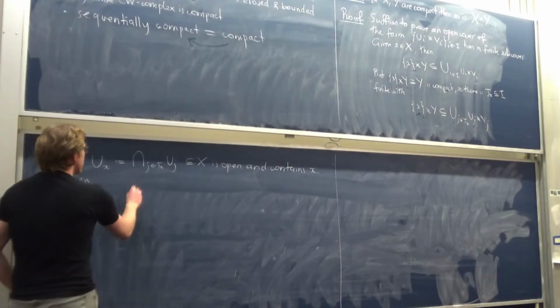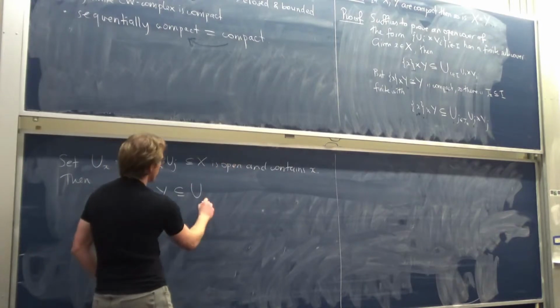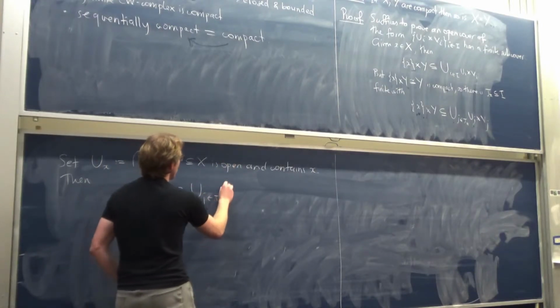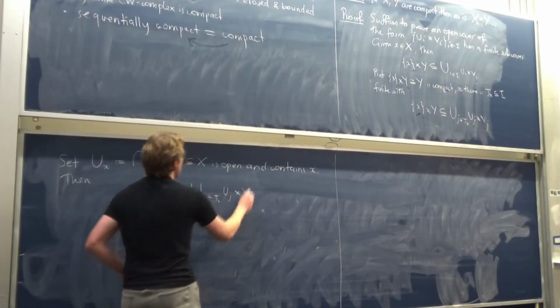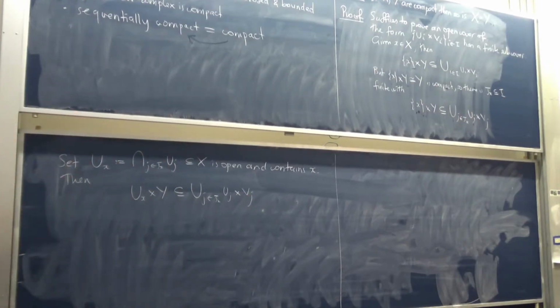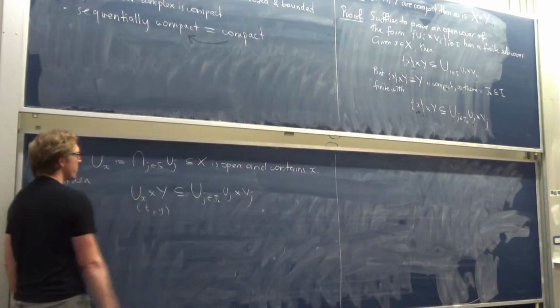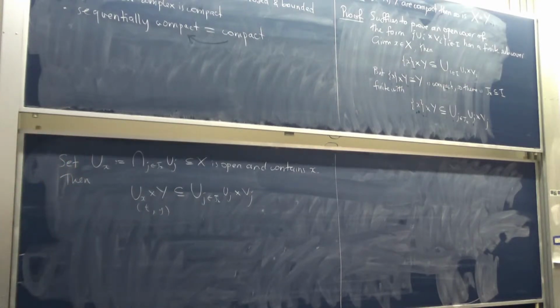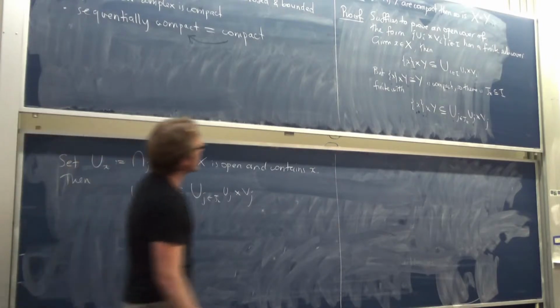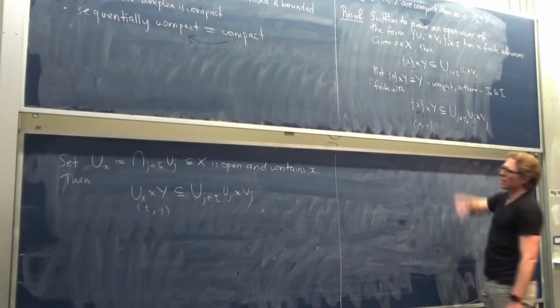Well, then it follows that Ux cross Y is contained in the same union. Now, why is that? Well, take something on the left-hand side. Suppose it's of the form (t, y). Right? So t is in all the Uj, and y is just any point in Y. Well, (x, y) belongs to the left-hand side, right?